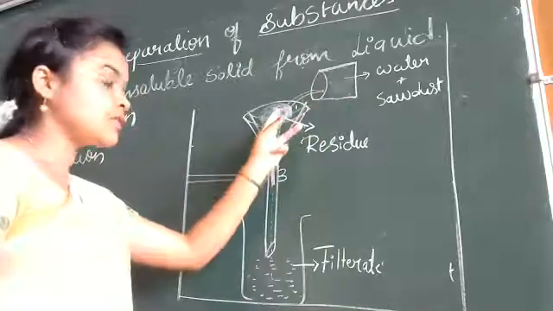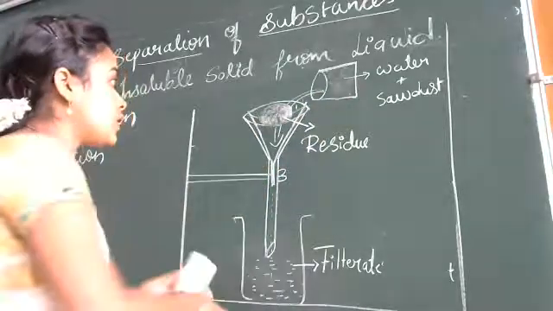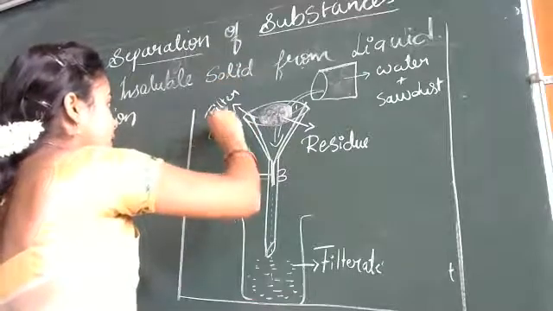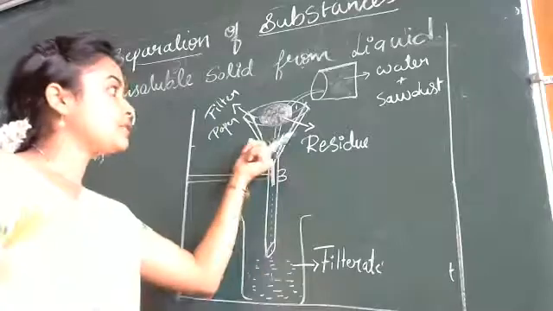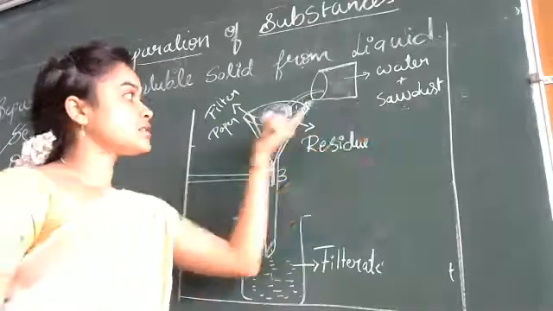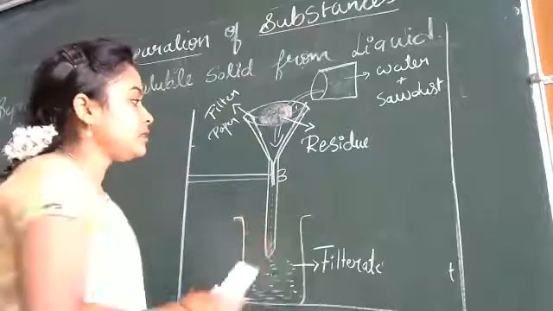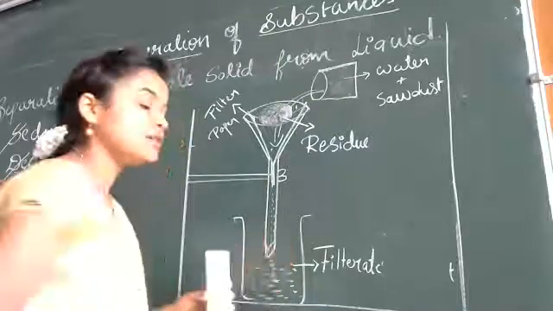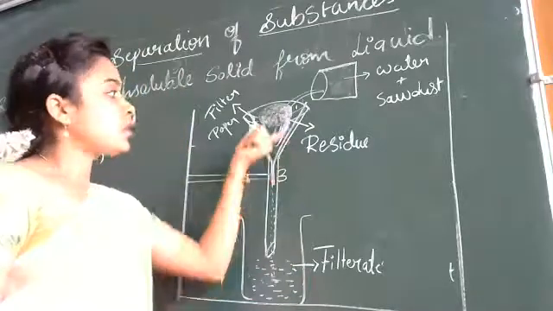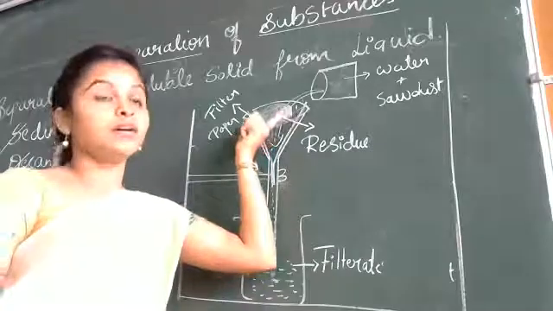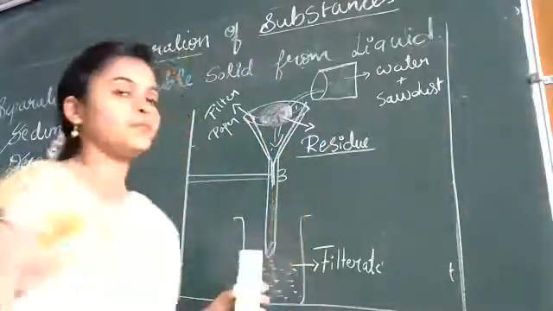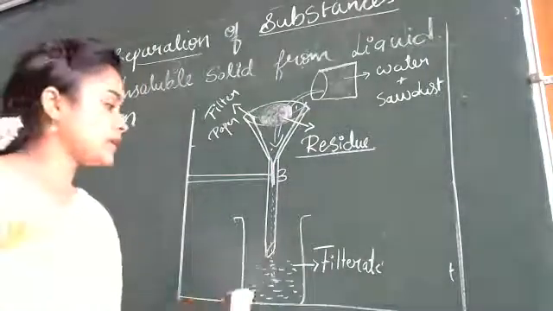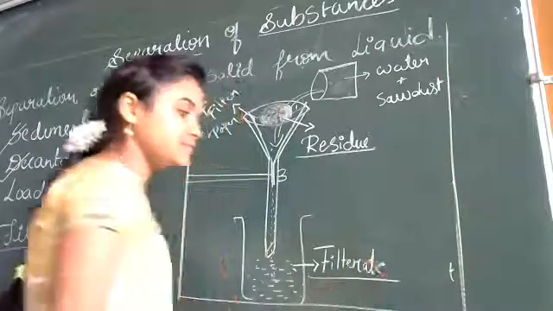We pour that mixture into the funnel, which has filter paper, where the residue, that means the sawdust, will remain behind, and only the water will be filtered through the funnel and collected in the beaker, right? Whatever sawdust remains on the filter paper is called residue, and the filtered liquid falling down from the funnel is called filtrate.